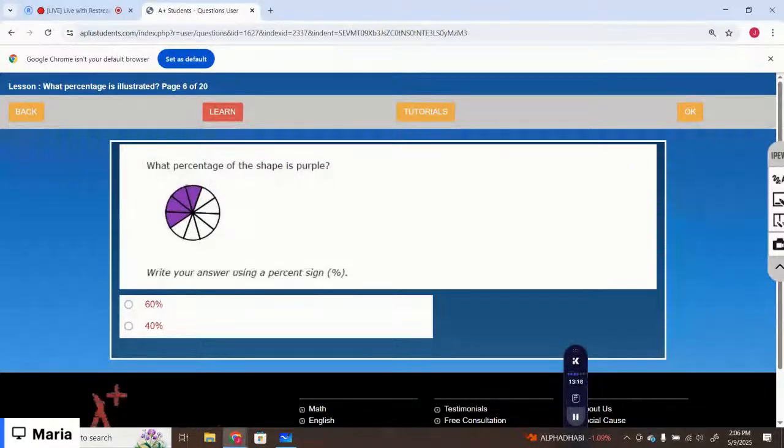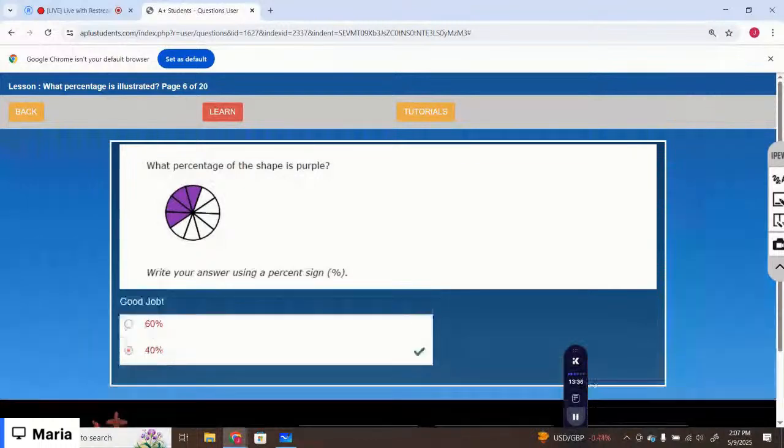What percentage of the shape is purple? That is 40%. The correct option is 40%.